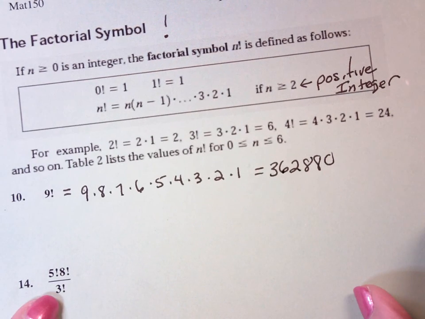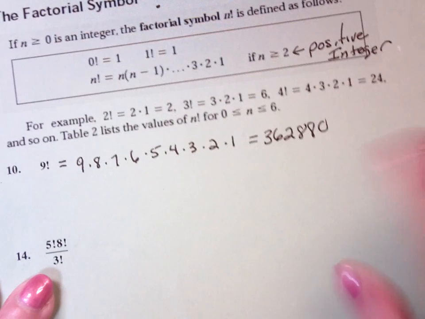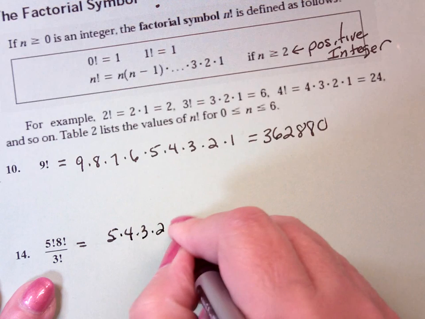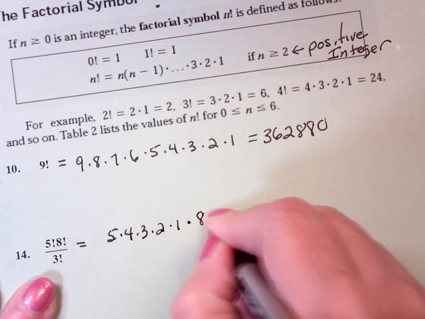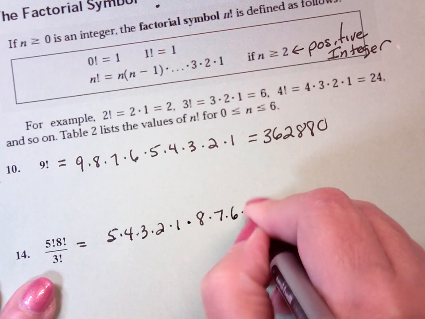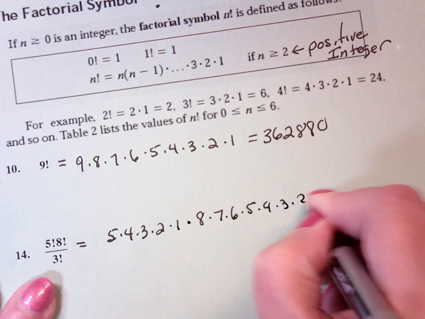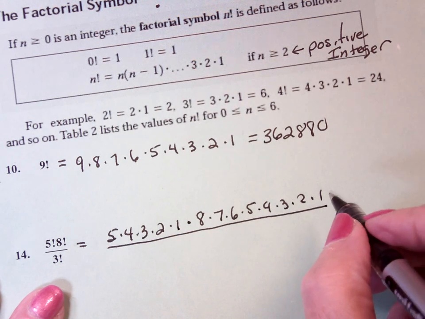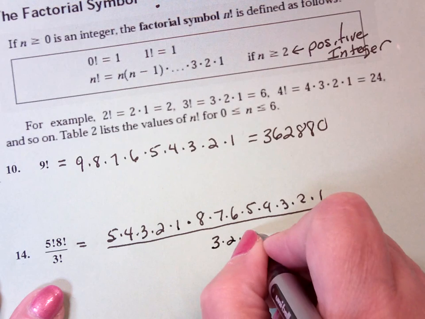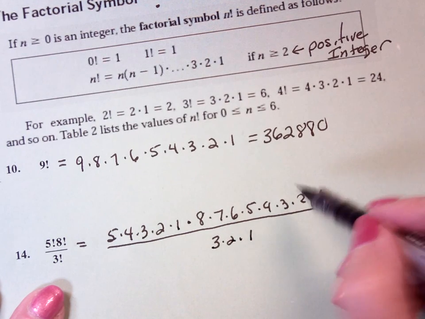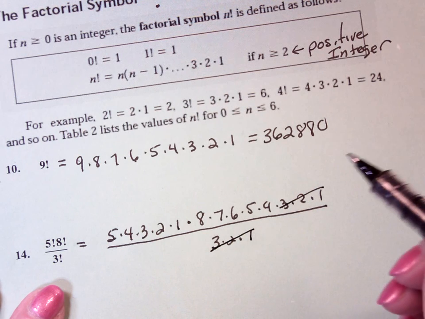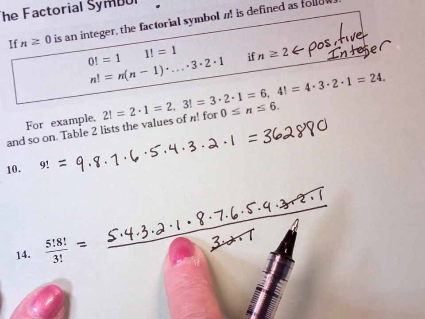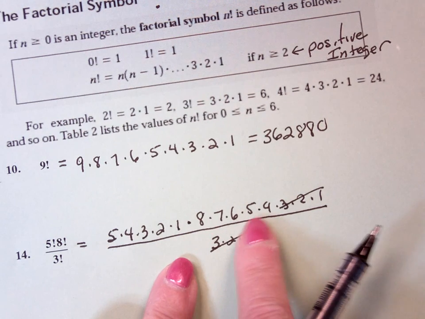And if I'm doing 5 factorial times 8 factorial over 3 factorial, this would be 5 times 4 times 3 times 2 times 1 multiplied by 8 times 7 times 6 times 5 times 4 times 3 times 2 times 1. By the way, when I took probability and statistics, this is what I did all the time. 3 times 2 times 1 cancels with 3 times 2 times 1. So this is 5 down to 1, and then 8, 7, 6, 5, 4.